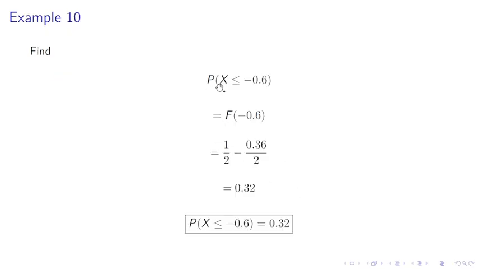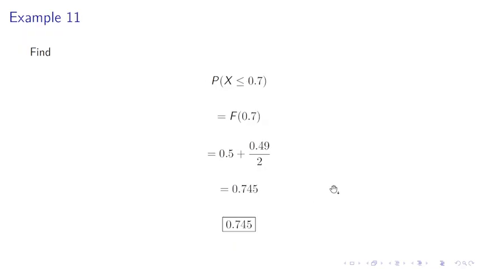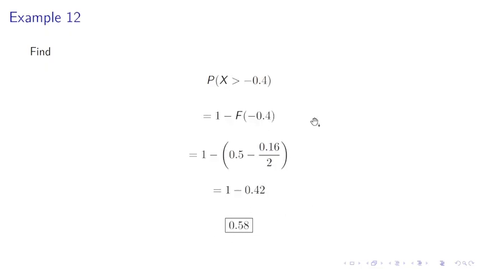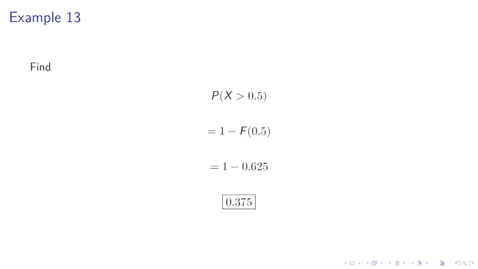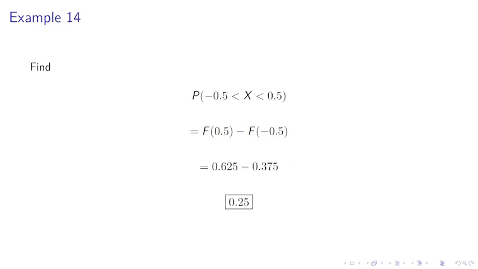So probability of x less than or equal to minus 0.6 is F of minus 0.6. Simply substitute in the formula for the range. This is 0.32. For x less than or equal to 0.7, it is 0.745. Simply substitute, and you can solve any number of problems.